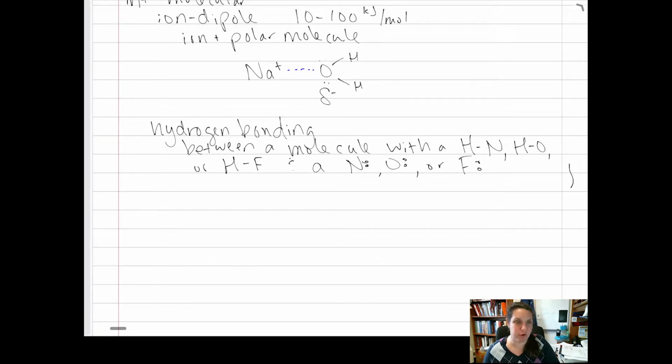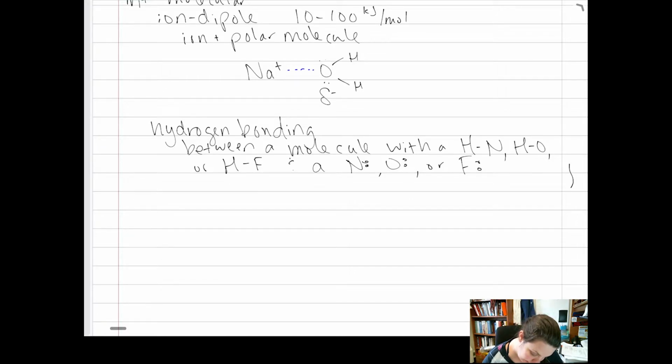We call them ultrapolar molecules because anything that contains those is going to be significantly more polar than things that do not. Hydrogen bonds themselves are pretty strong. They're a little bit weaker than our ion-dipole, but still very strong.